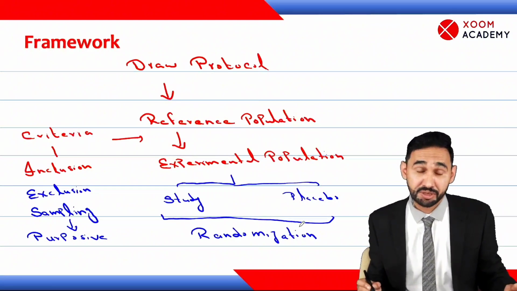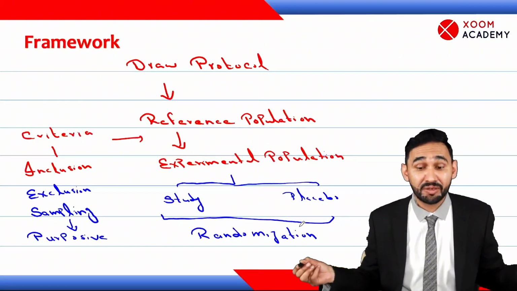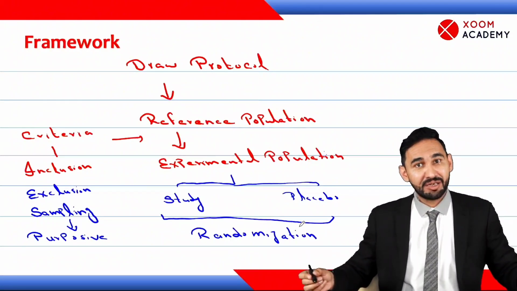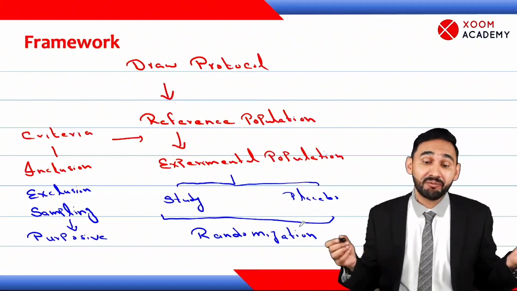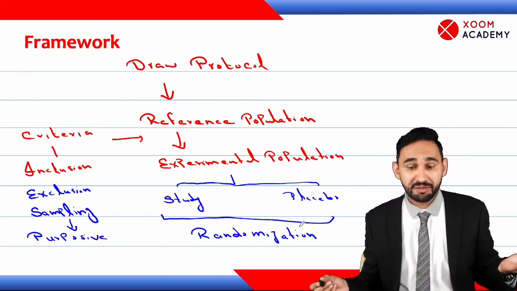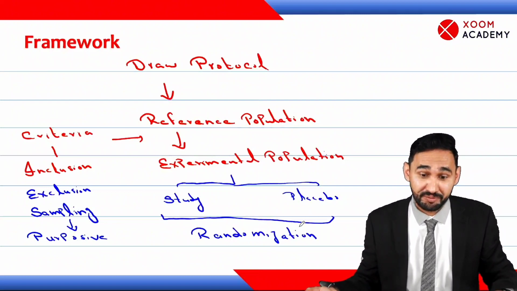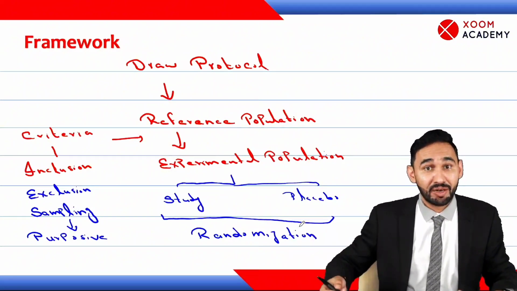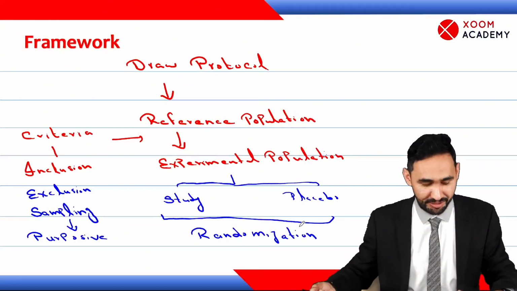What is randomization? We will use random number tables, and the whole experimental population has an equal chance, but after randomization some will be selected in the study group and some in the placebo group. Like, we have selected an experimental population of 200 individuals and we will subdivide them, 100 in the study group and 100 in the placebo group, on the basis of randomization.